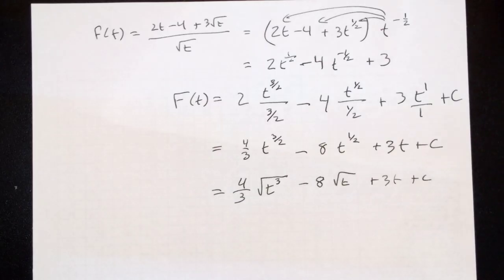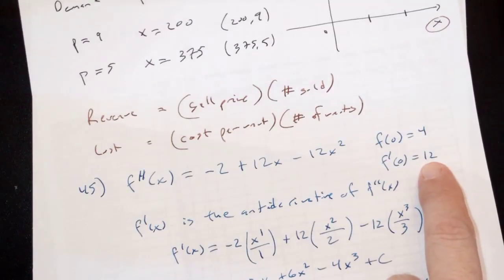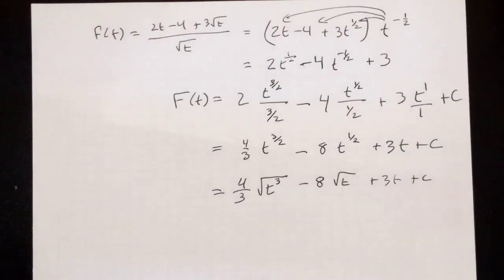If you are finding a specific antiderivative, like you were given the initial conditions, then you shouldn't end up with a C, you should end up with a number. And it is possible that the C is 0, in which case you can just leave it off.